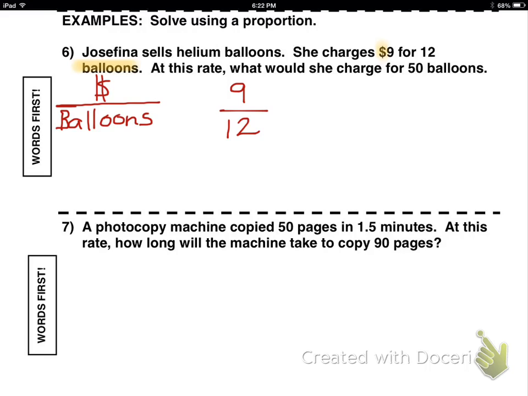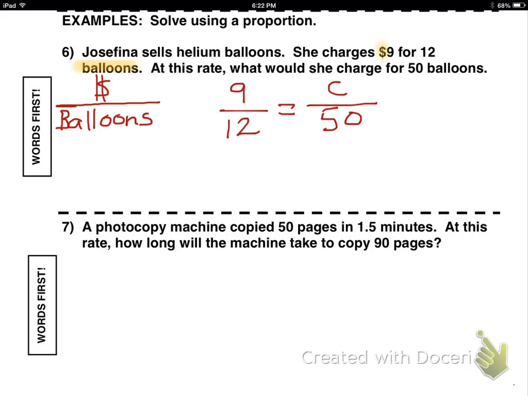Then we're given some more information about how many balloons she aims to sell and how much she would charge for those 50 balloons. Well, since balloons in our word ratio is in the denominator, we will place the 50 also in the denominator. And we will use a variable in the numerator because we're looking for how much she will charge.